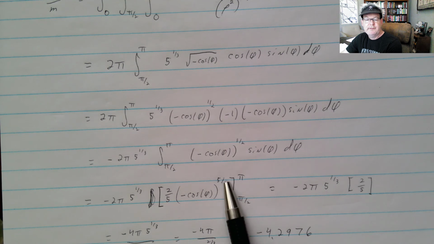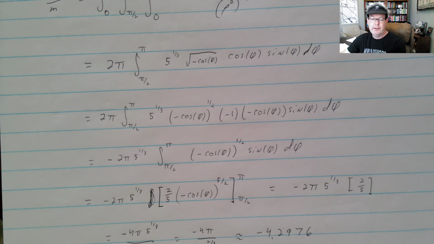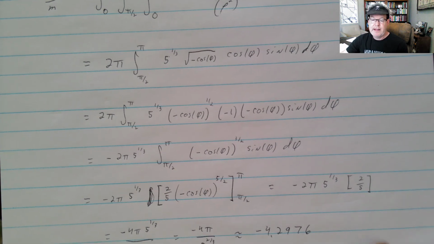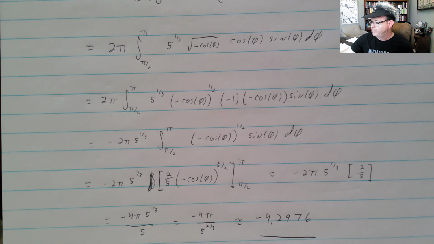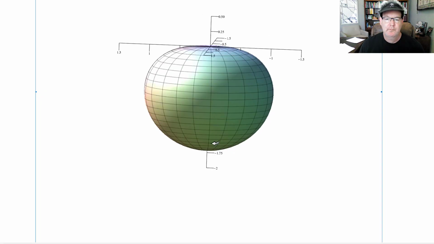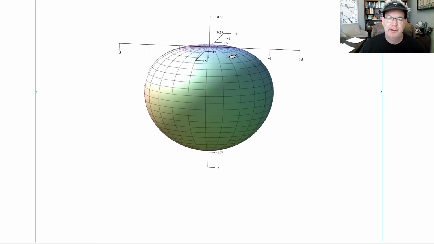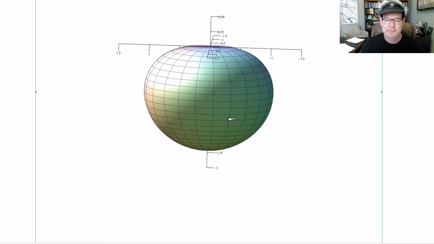Plug in my limits. Pi, this will be negative of negative 1. Pi over 2 will be 0. So here we go. And, well, we did get a bigger value, and it's the biggest value possible. So I can't get larger than that for any shape. Right, so once I have a fixed volume of material of constant density, this is the shape. So there's the shape. Yeah, pretty flat at the top, etc.